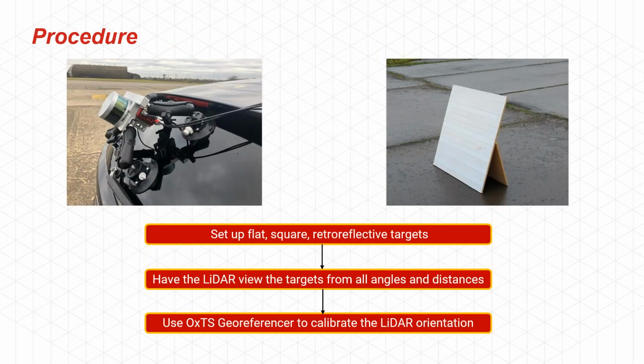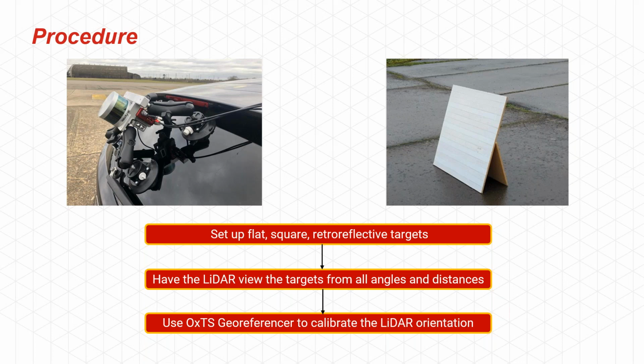So the procedure is very simple. You mount your LiDAR and your INS together. You measure the displacements and the angles between the two. You set up these targets that we have. These are very simple retroreflective targets, so you can get this tape on Amazon and just cover a board, for example.